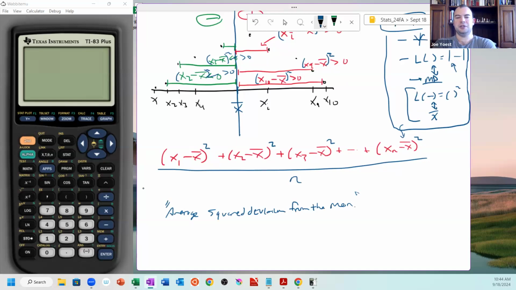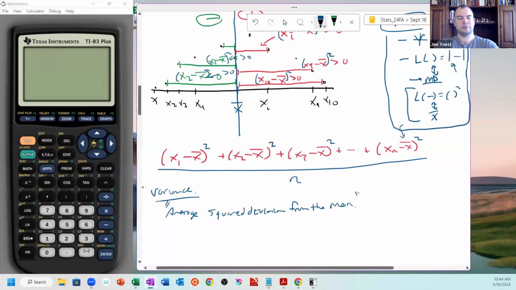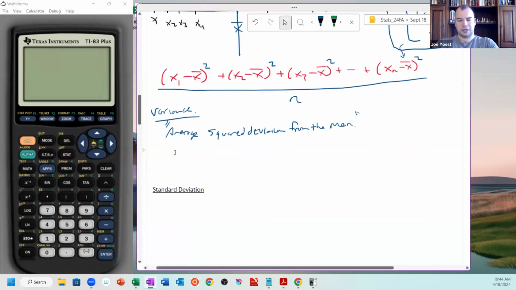So that's what our variance is. Roughly speaking, it is the average square deviation from the mean. That's our variance. Now our variance is important enough that it gets a standard notation.